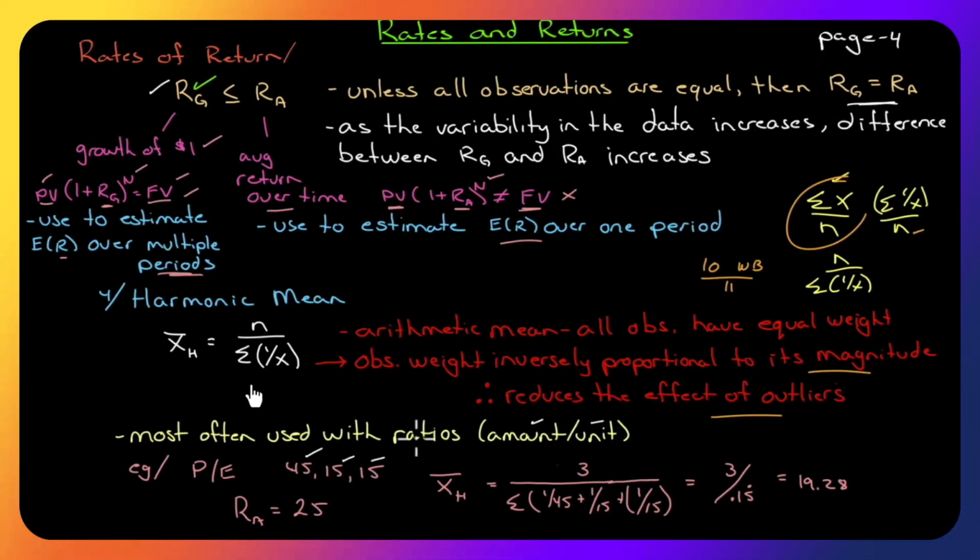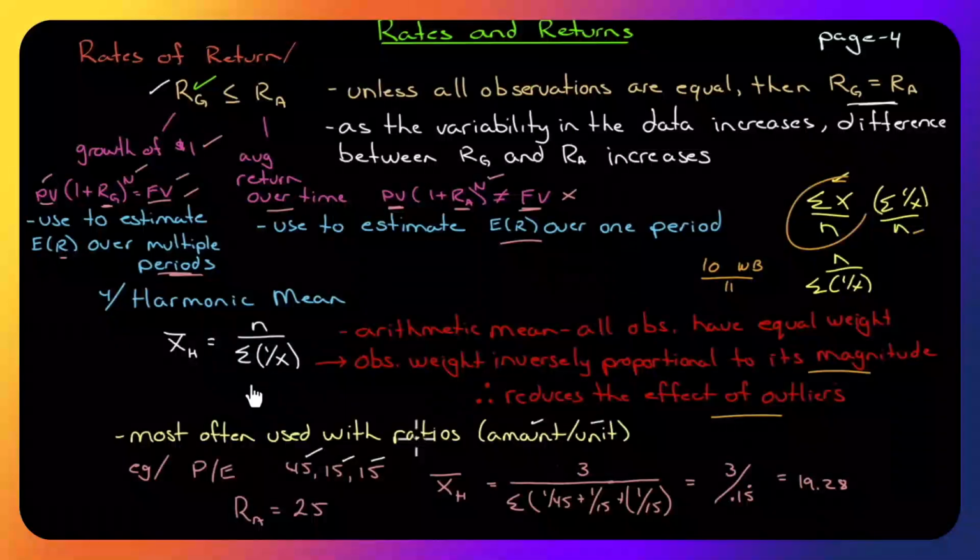A good example of this would be looking at North American automakers, and you have Tesla, Ford, and GM, and you're looking at the average PE in the industry. Well, Tesla's PE is super high. GM and Ford are like 7 or 8. Tesla's in the 40s. So it would be unrealistic to calculate an industry average in that sense. So you think, well, there's got to be some average.